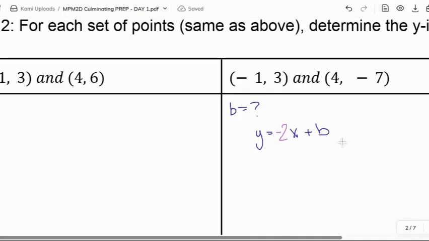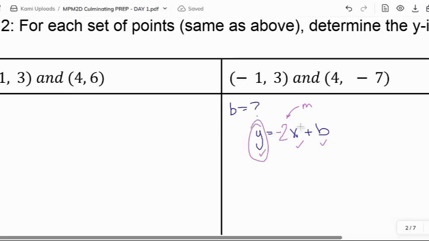For these 2 points, the slope is negative 2. Now, critical thinking. I've got an equation. How many unknowns do I have? 3. For one equation, what's the maximum number of unknowns that I can have? 1.